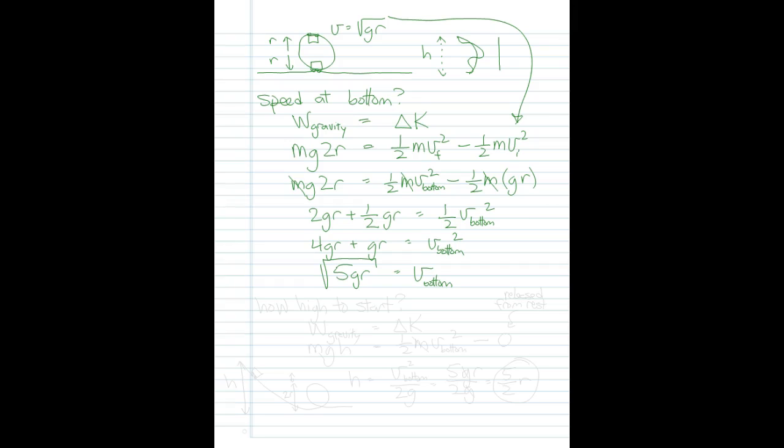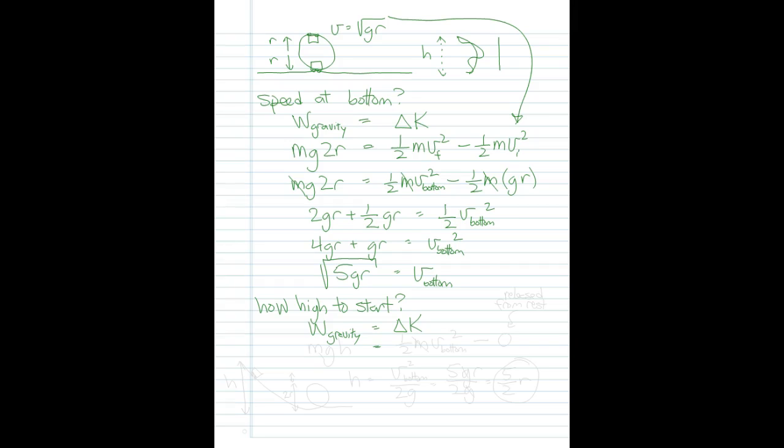The other thing you can ask here is how high on an incline, on a ramp that leads into this, you have to start. Again, you can do this same problem, only now the work that's done by gravity is equal to the change in the kinetic energy. And now, at this point, you're going to start with no kinetic energy.